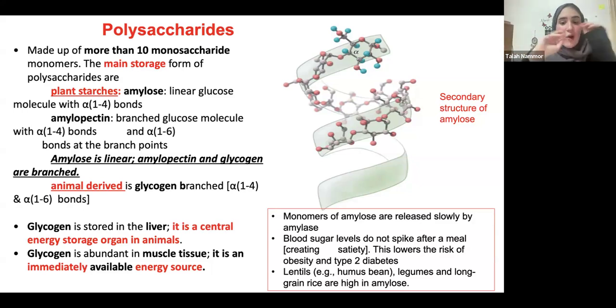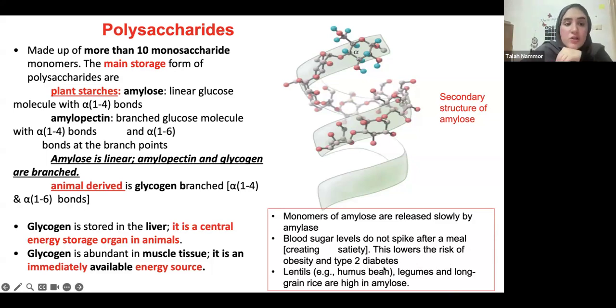Now, the monomers of amylose are going to be slowly released. And that's good. Why? Because since they're slowly released, we don't have the really high spike.